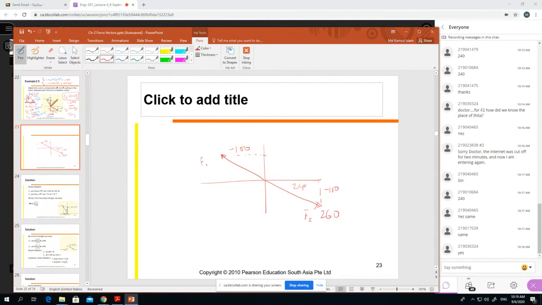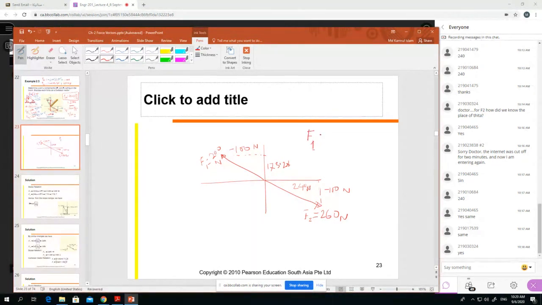F1 was maybe 200. And this component was 173.2 something Newton, right? In exam, you must write down the Newton, the unit and signs.